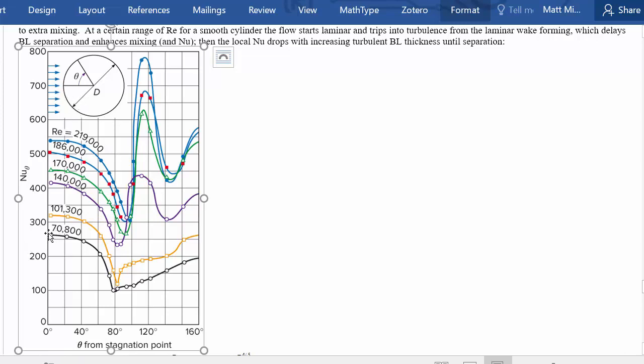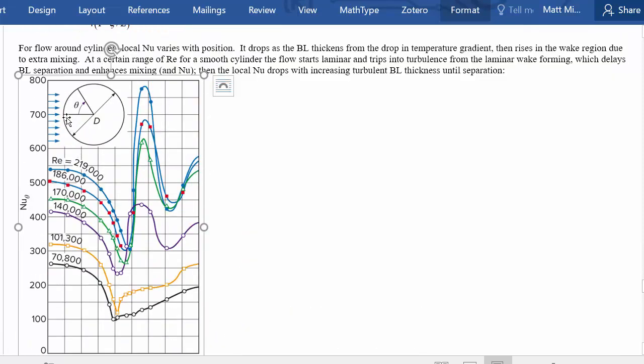So what's happening as you move around and increase the angle is you're increasing the thickness of the boundary layer of that flow, and that means that the temperature difference between the surface and the edge of the thermal boundary layer is over a larger distance, which means that the temperature gradient right at the surface, other things equal, is going to be lower, and therefore you're not going to have as high of a convection coefficient and not as high of a Nusselt number.